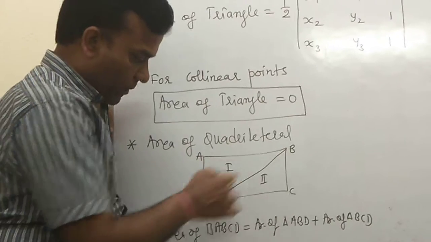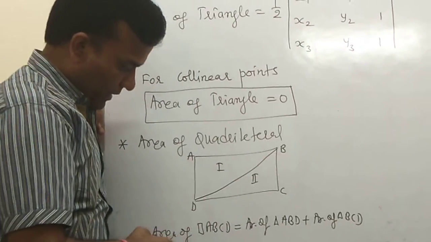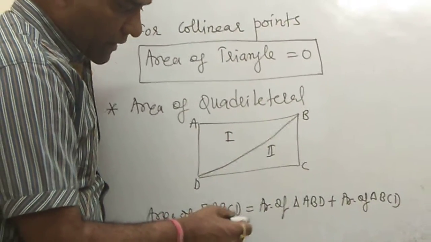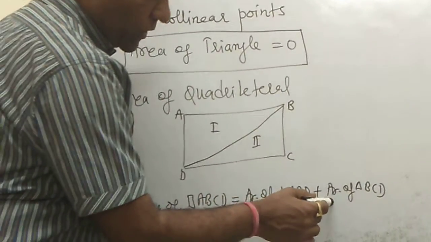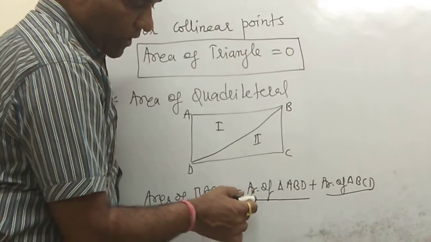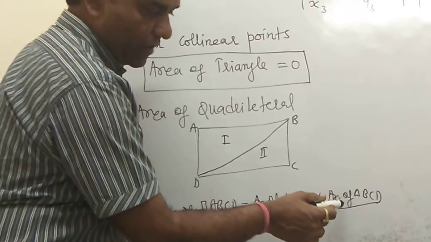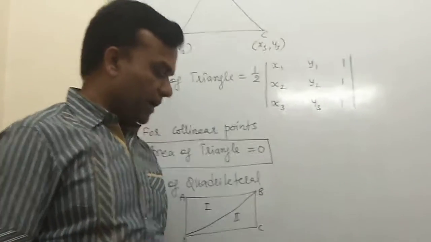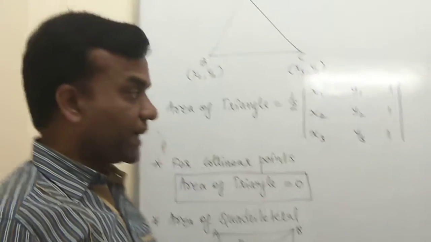The first triangle is ABD and the second triangle is BCD. So you find the area of the quadrilateral in the form of two triangles. First you find the area of triangle ABD, then you find the area of triangle BCD, and you add both, and you get the area of quadrilateral ABCD.